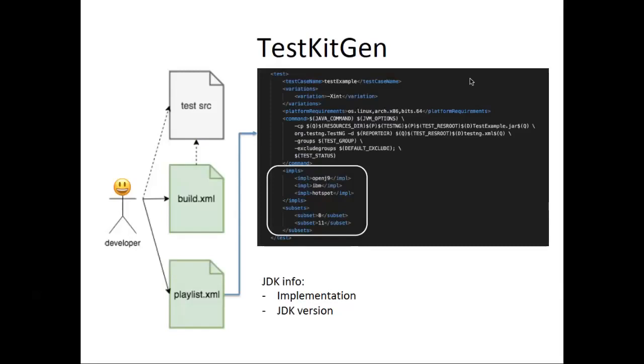You'll then generate make targets for all of them. And the same goes for the subsets, so the versions. What if you wrote a test for a Java 11 feature? You would have to put that because it's not present in the earlier versions. But if you don't put those versions in, we'll generate it for all.